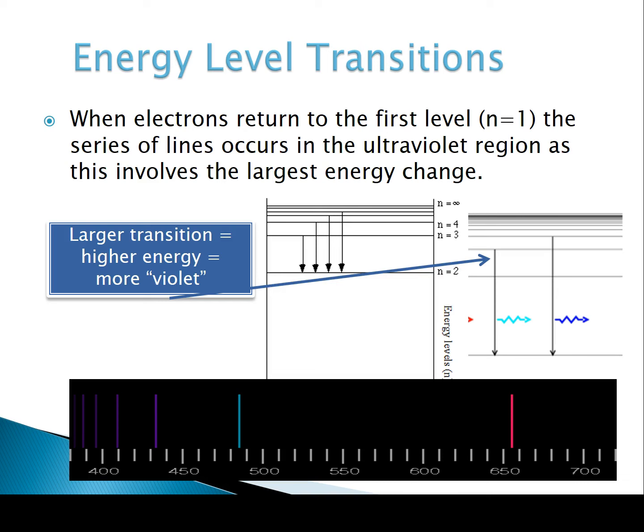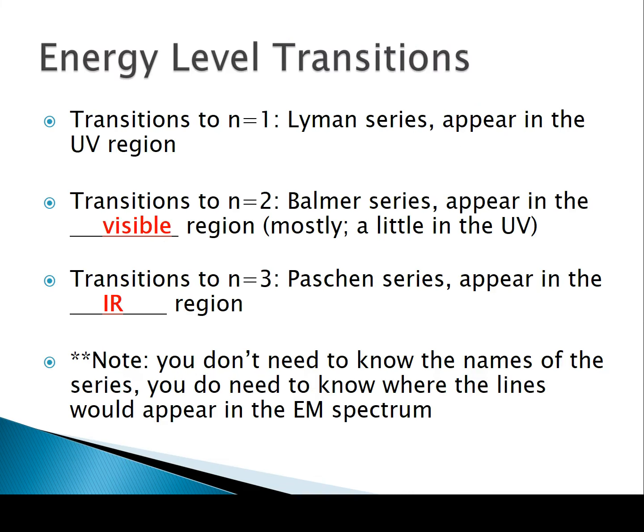Now, the distance the electron travels from the nucleus: the further an electron travels, the greater the distance, the greater the energy that represents. So again, if the electron transition ends at n equals 1, we call that the Lyman series, and the lines will appear in the ultraviolet region of the spectrum.